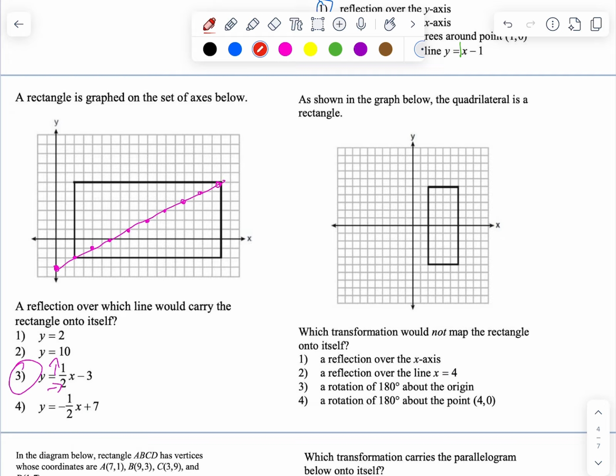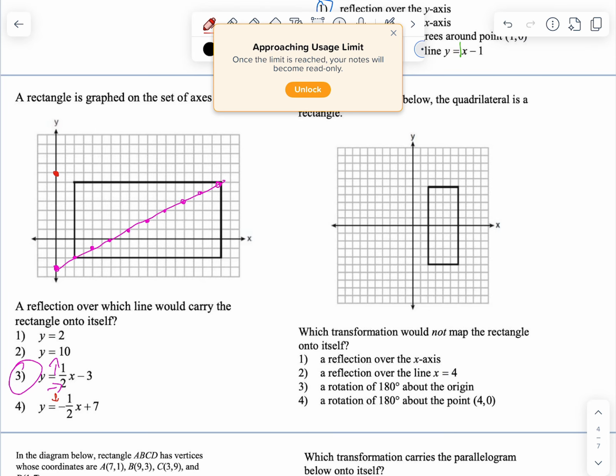Let's graph the other one just to be sure. The other one has a y-intercept of 7. 1, 2, 3, 4, 5, 6, 7. The other one that we're trying is in red. And then down 1, right 2.